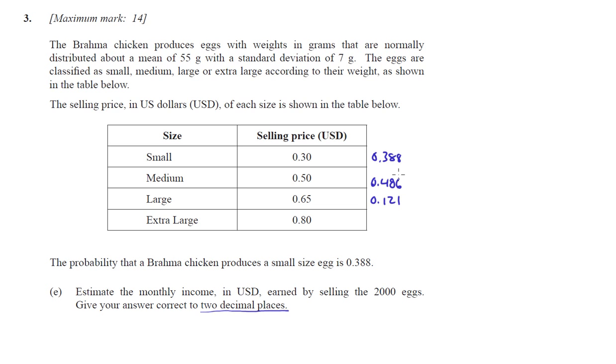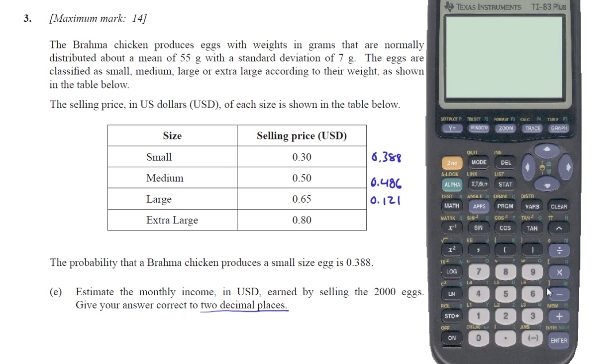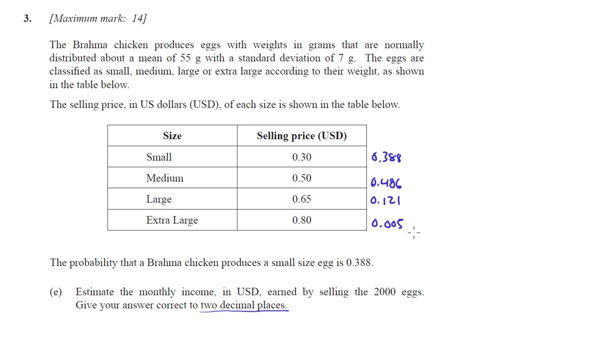So all 4 of these should add up to 100%. So let's just do 1, and then subtract all 3 of these. 1 minus 0.388 minus 0.486 minus 0.121 gives us 0.005 as the probability that it's going to be an extra large egg. Actually, we found that on an earlier problem, so it's 0.00506 to 3 significant figures. Let's leave that on there.